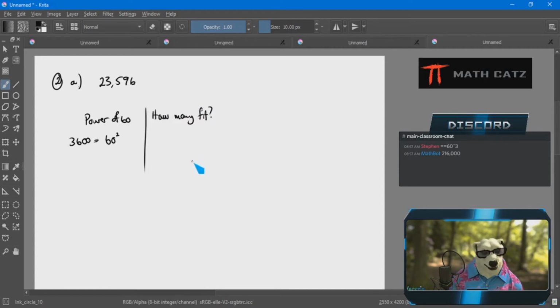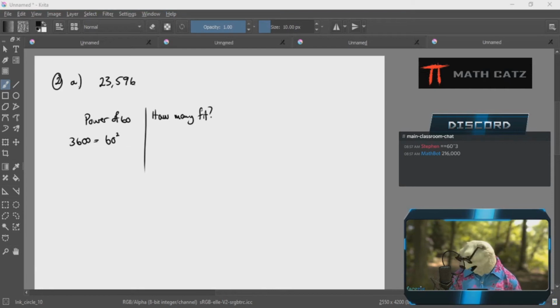How do I do that? That is exactly the intuitive concept of division. How many times can something fit into something else? So I go, the number 23,596 divided by 3600. 23,596, I made a typo. 23,596 divided by 3600.